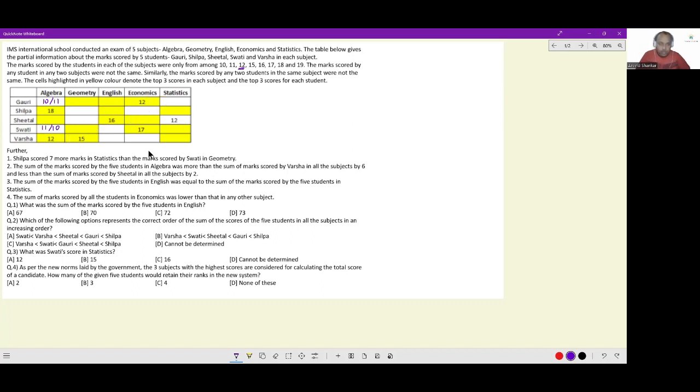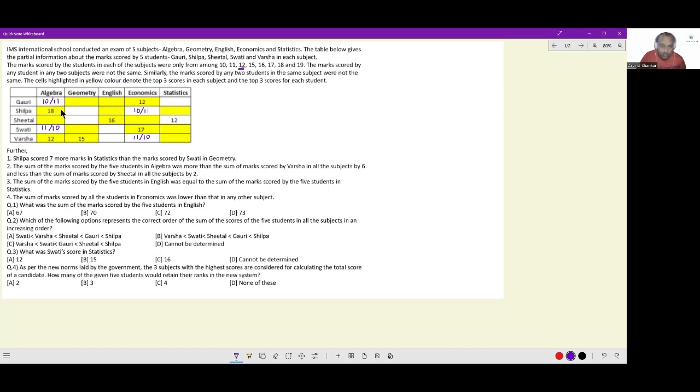Similarly, for economics, because 12 is among the top 3 scores, the 2 scores here have to be 10 or 11, 11 or 10. For statistics, 12 is one of the bottom 2 scores, the other score could also be 10 or 11 or anything of that nature.